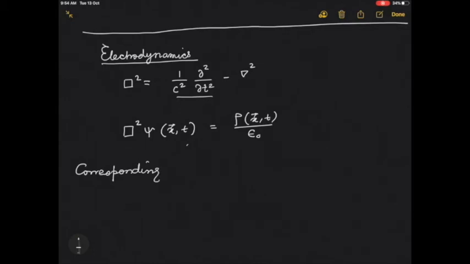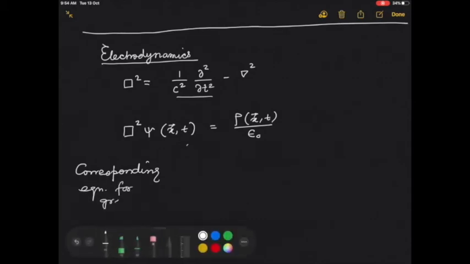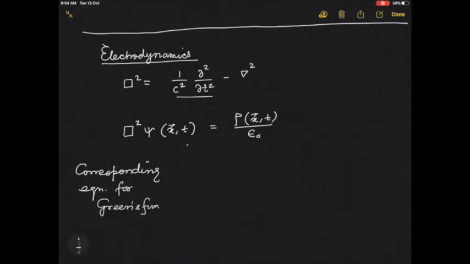Now for the corresponding equation for Green's function, we know how to write it down. All that I have to do is change this to the Green's function.